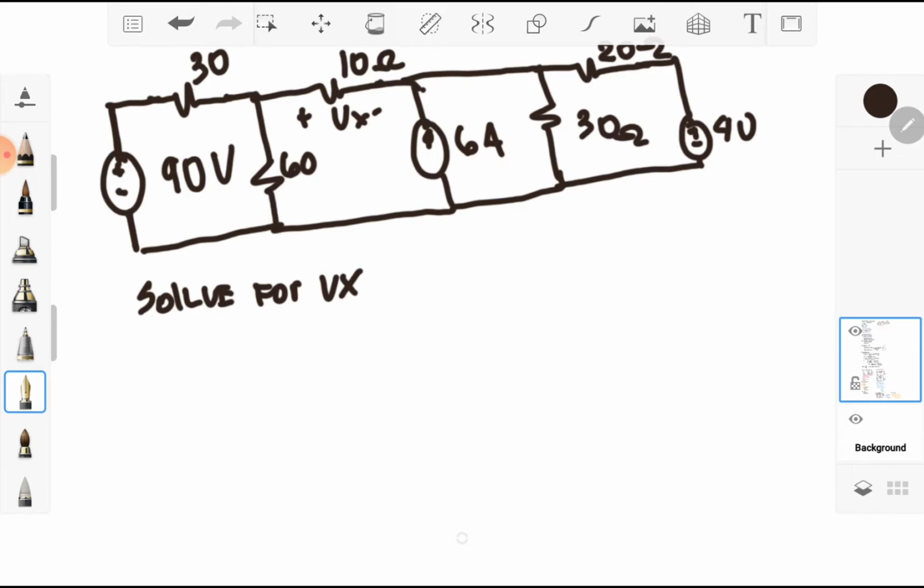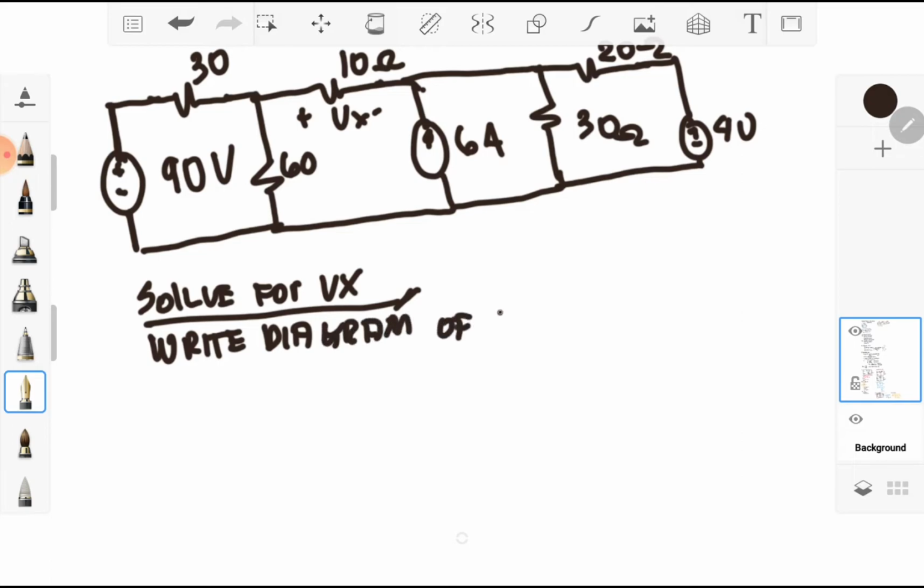And after solving for Vx, write the diagram of Norton and Thevenin. So as I have said, I prefer to use Thevenin every time because your Norton and Thevenin are the same.